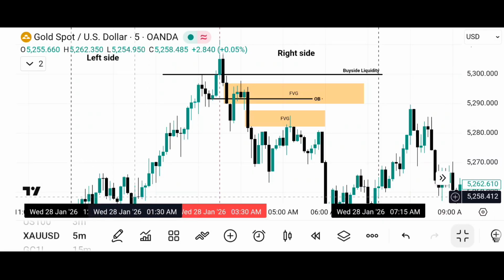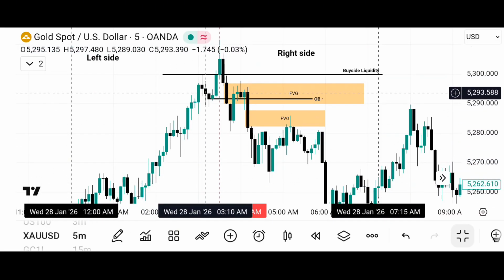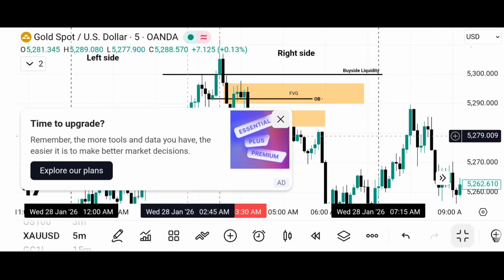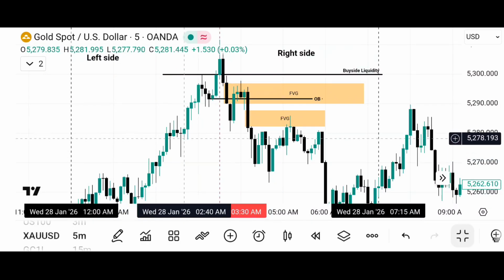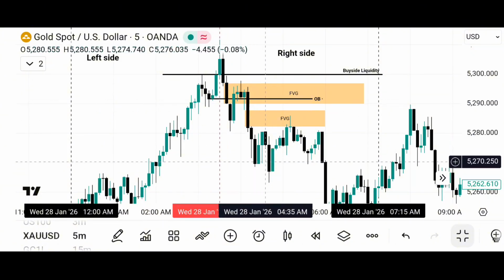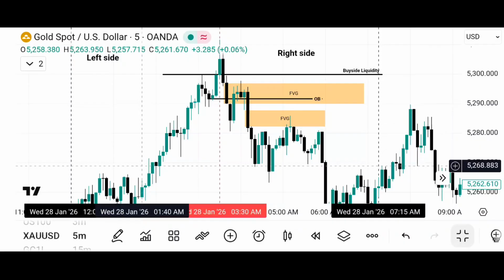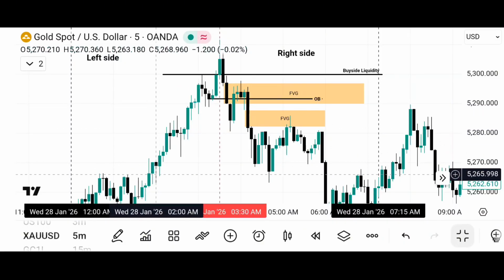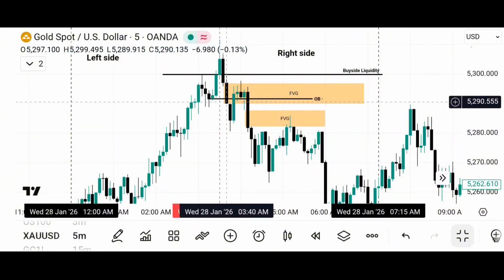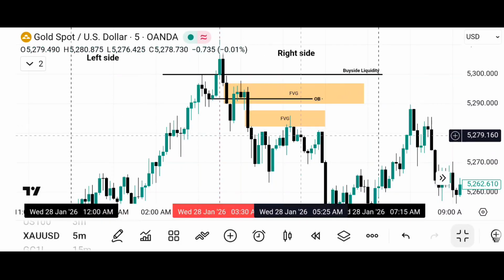Every PD array formed at the left side of the curve is acting as discount and support for price to rally upward. These PD arrays at the left side of the curve will be acting as premium and resistance at the right side of the curve for price to rally down.